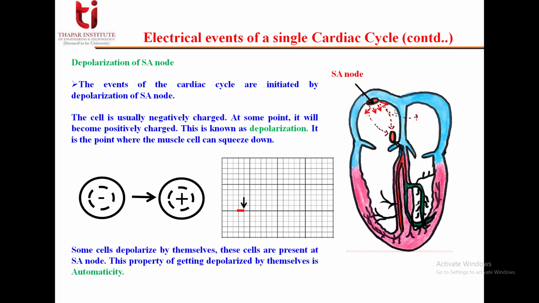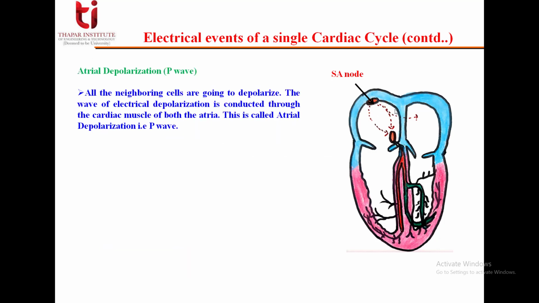Now some cells depolarize by themselves. These cells are present at the SA node, and the property of getting depolarized by themselves is known as automaticity. So some cells at the SA node automatically depolarize by themselves, and further they make all the neighboring cells depolarize, and that is atrial depolarization, which corresponds to the P wave.